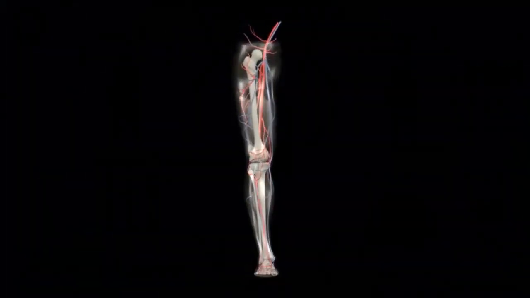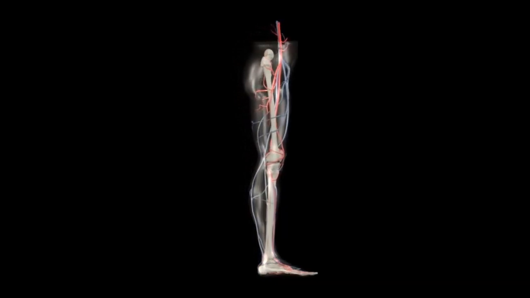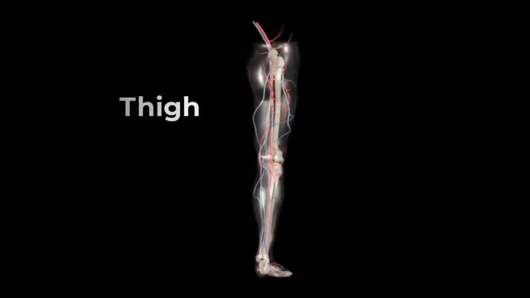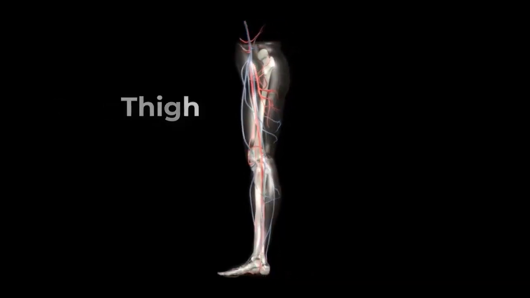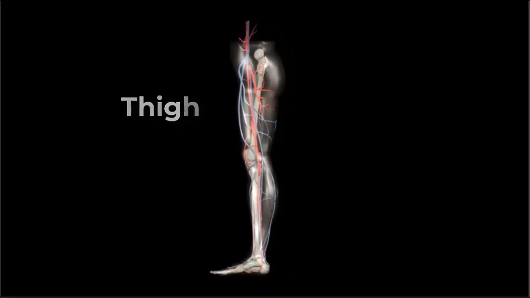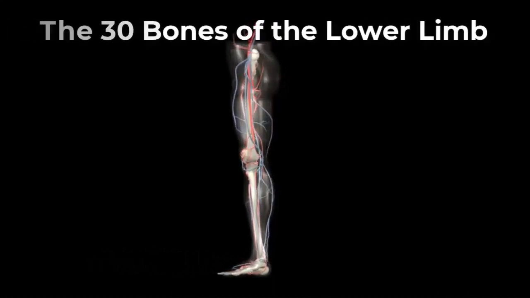Like the upper limb, the lower limb is divided into 3 regions. The thigh is the portion of the lower limb located between the hip joint and the knee joint. The leg is specifically the region between the knee joint and the ankle joint. Distal to the ankle is the foot. The lower limb contains 30 bones.